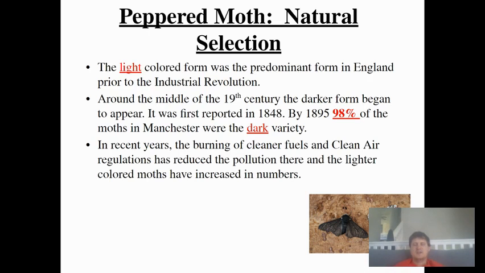There were more white or light-colored moths. Around the middle of the 19th century, the darker form began to appear. It was first reported in 1848, and 50 years later, about 98% of the moths in England were of the dark variety. So we're going to explore how that happened.